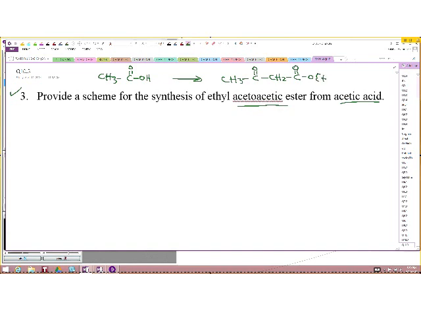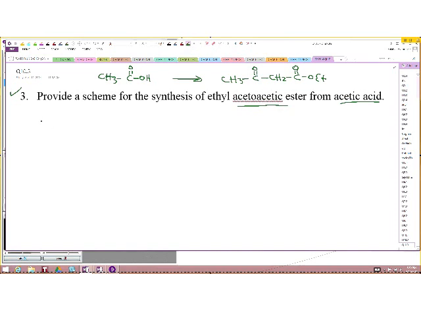Okay, so what do we do? What is the first thing? Now, this is not a case of reaction mechanism. This is simply providing the scheme. What is the first thing you want to do, starting with acetic acid? Esterification? Okay, very good. So you want to esterify the acetic acid.